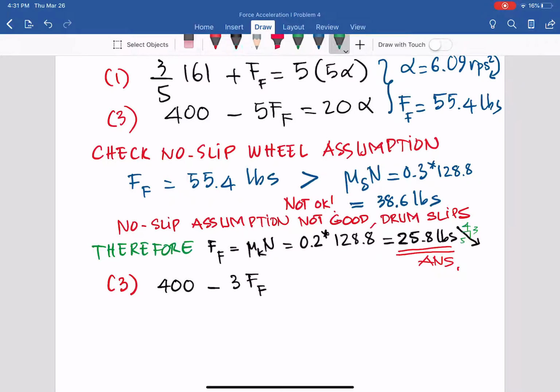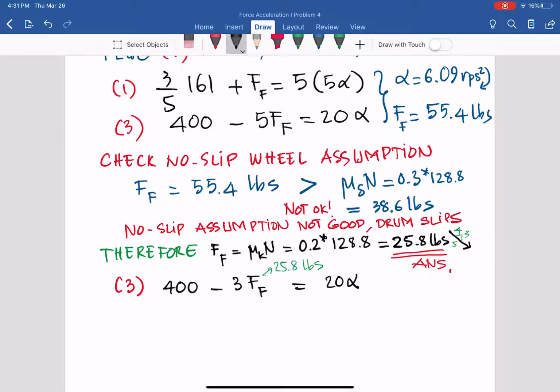In that case, FF equal to 25.8 pounds, equal to 20 alpha. From that, we can have alpha equal to 13.55 radian per second square clockwise. So that is what you have for the alpha.